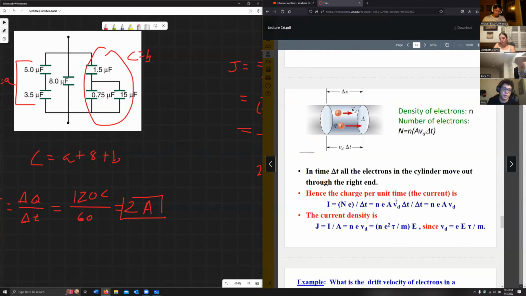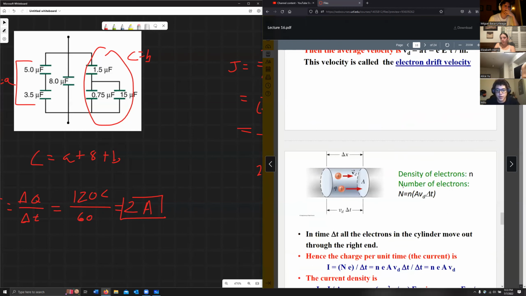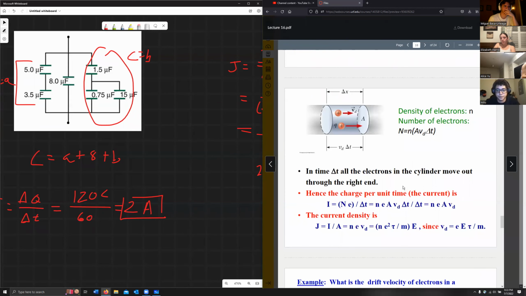Right, because the charge would be the number of electrons times the charge of each electron. So this is the electron drift velocity. We were trying to find an expression for current.